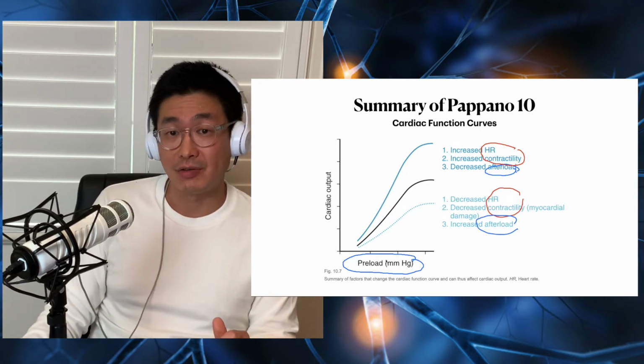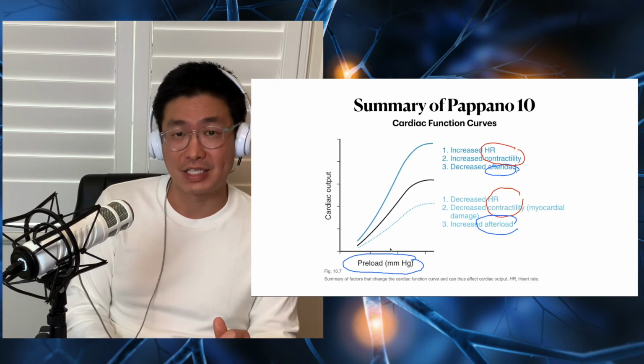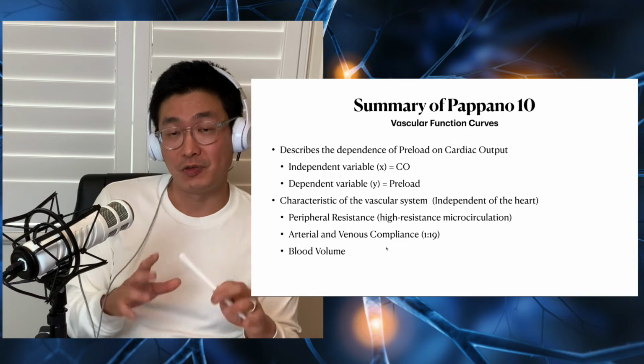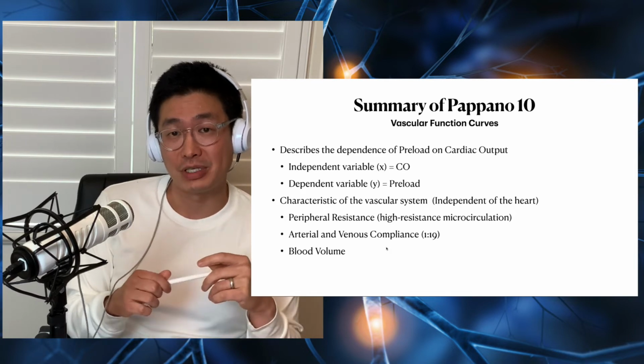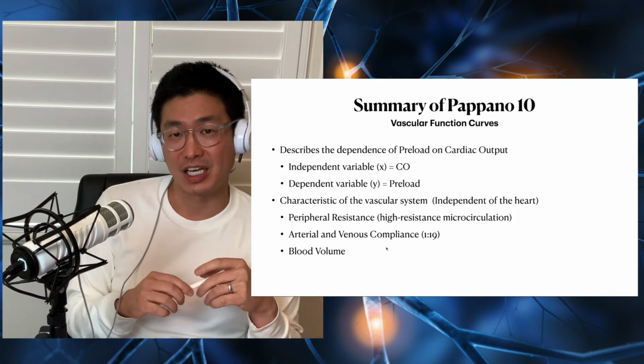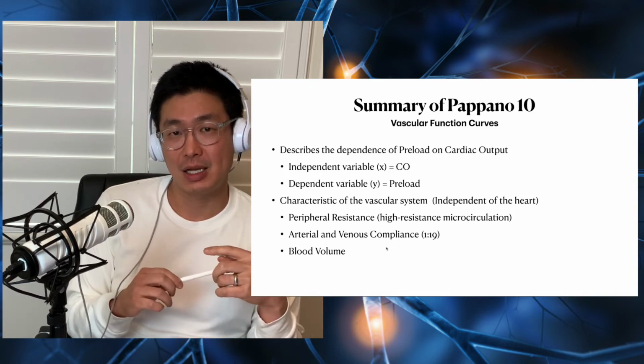This is very, very different from the vascular function curves. And this is where it gets really confusing because of the way Pappano presents vascular function curves, very different to how other textbooks present it, okay?